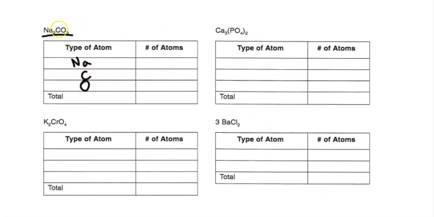Now, this little 2 tells you what? Do you know? 2 sodiums? Yes. How many carbons would there be? 0? If there was 0, why would I write it? The answer is 1.